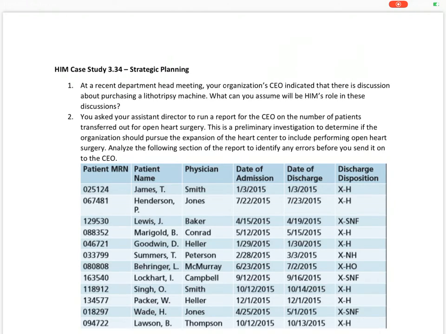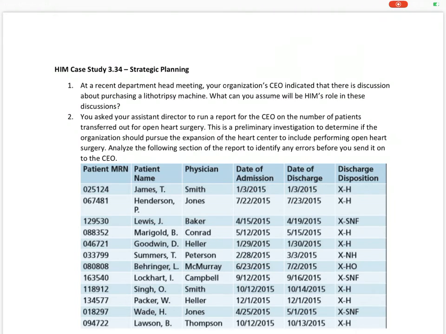How does HIM play into the purchase of a lithotripsy machine? Think about what HIM does in regards to coding, and think about how HIM would be able to share information with this team to either support the purchase of that machine or to say, no, we don't really need this machine. So that's the first question.